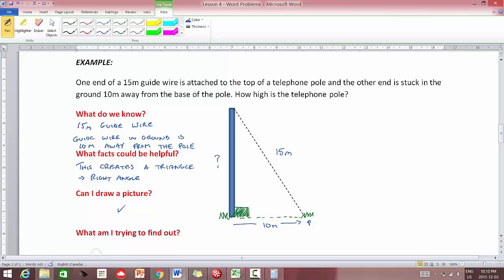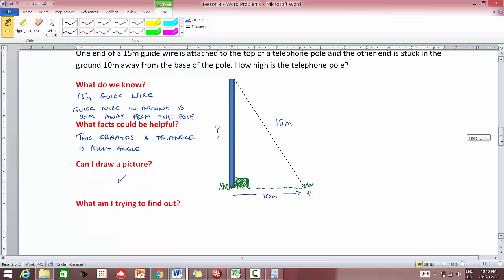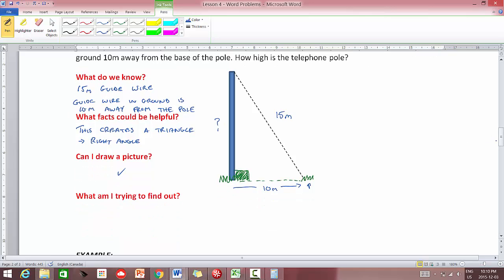Okay, so as we're filling this in, what am I trying to find out? The height of the telephone pole, i.e. a side length.